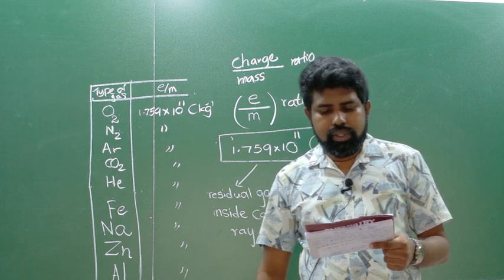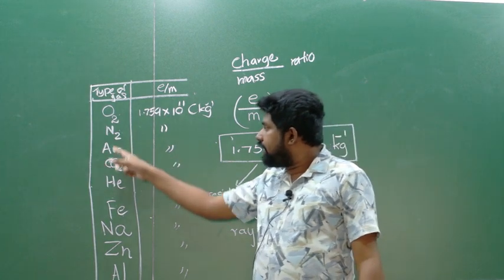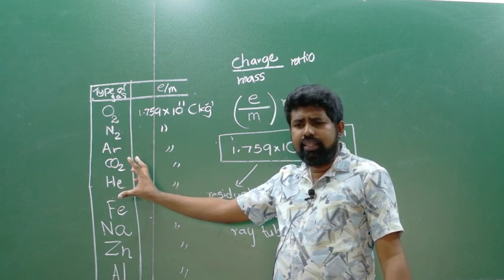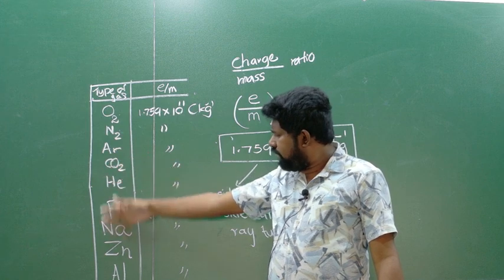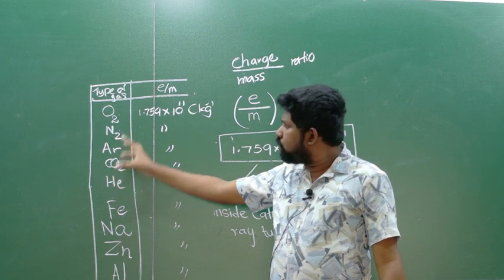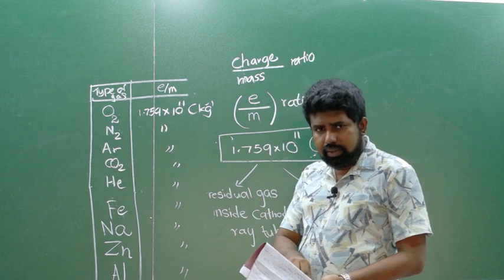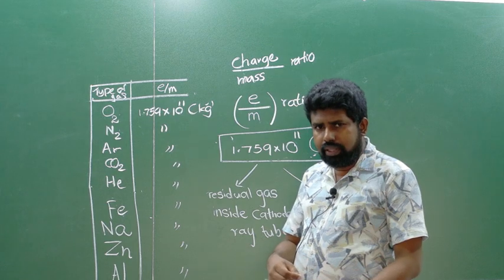This is very important, because for any matter, whether it is oxygen, nitrogen, or any other, the cathode ray particles show the same e over m ratio. So what is the conclusion of this observation?